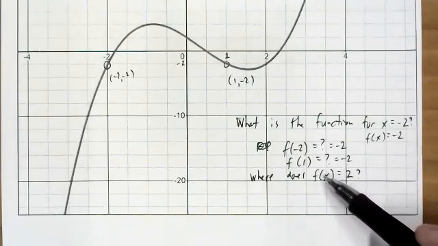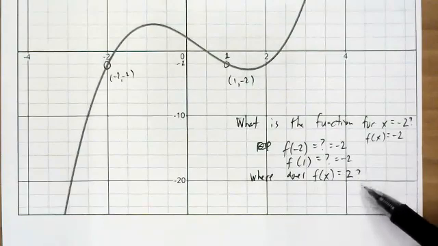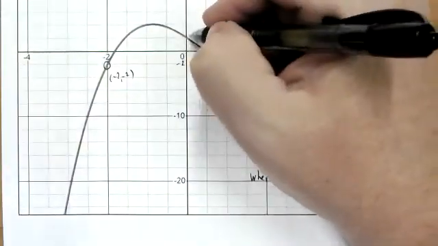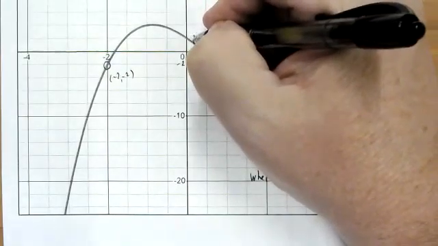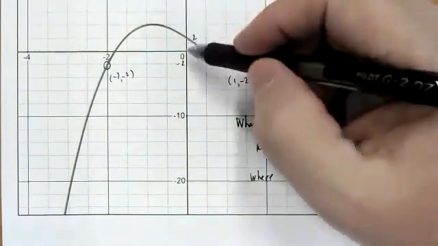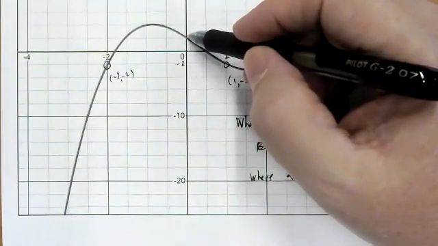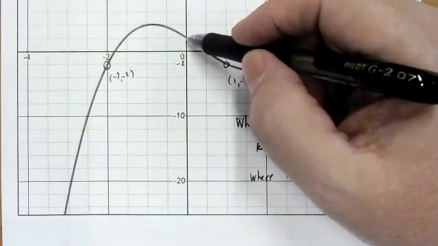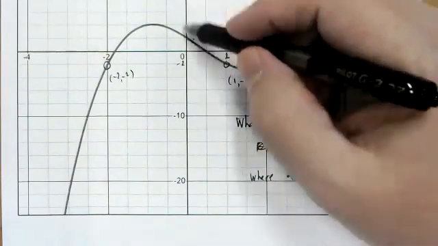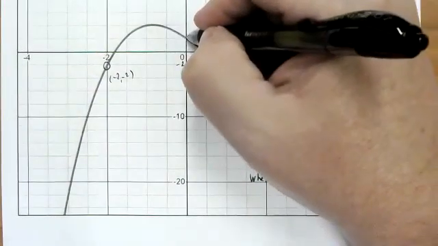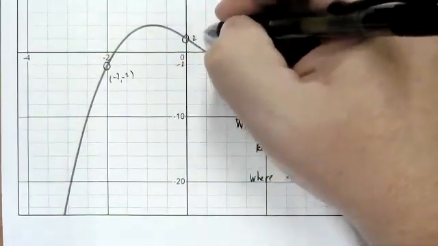So where does f of x equal 2? The function is the vertical. So once again, 2 is right here, the value of 2. So when my vertical value is 2, where are the points on the graph that the function is 2? Well, first of all, turns out I'm right on top of 1 here.